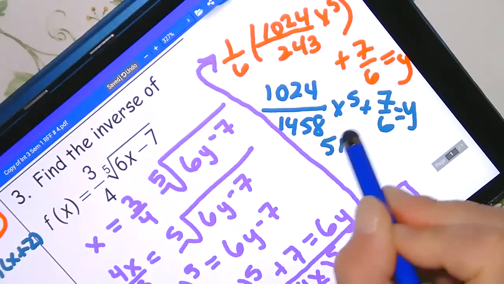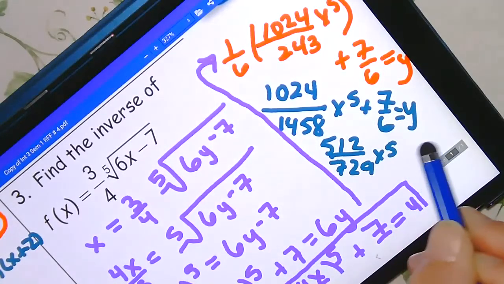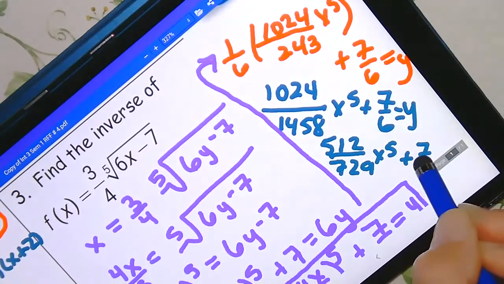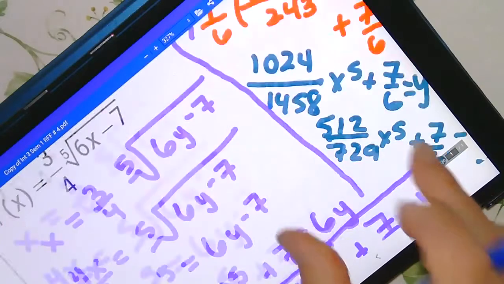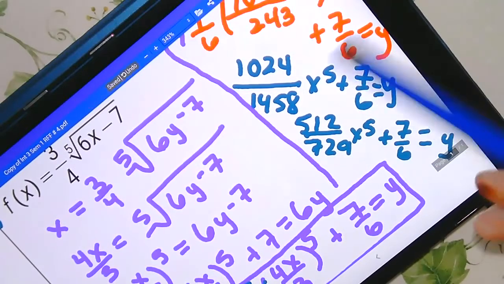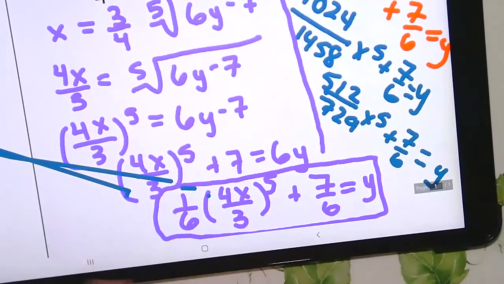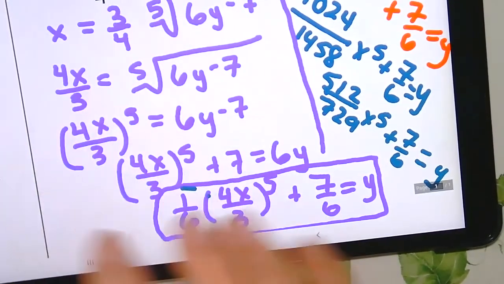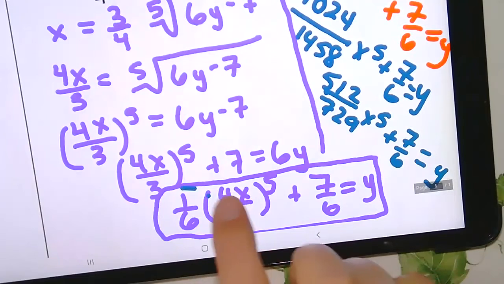So 512 over 729 x to the 5th plus 7/6 equals y. Okay, and for that, again, this is your answer right here.